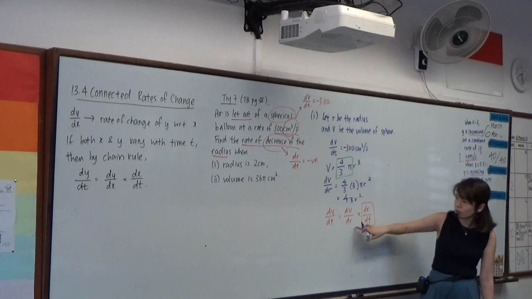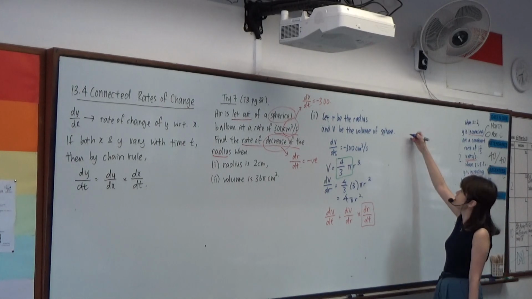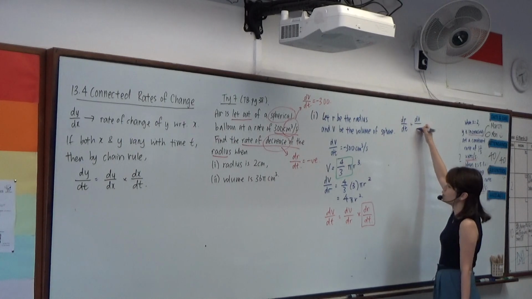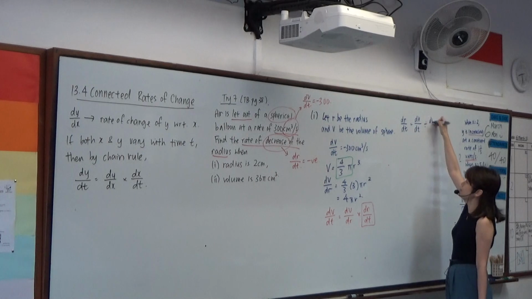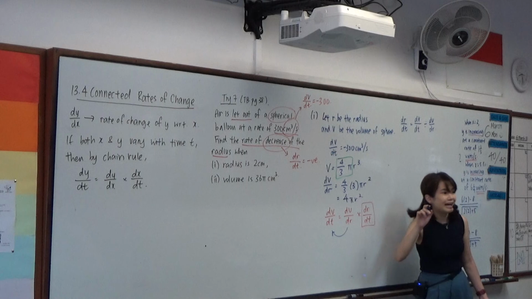We also know dV over dr, and we want to find dr over dt. So that means dr over dt is essentially dV over dt divided by dV over dr, whereby I shift this to the left hand side by dividing.